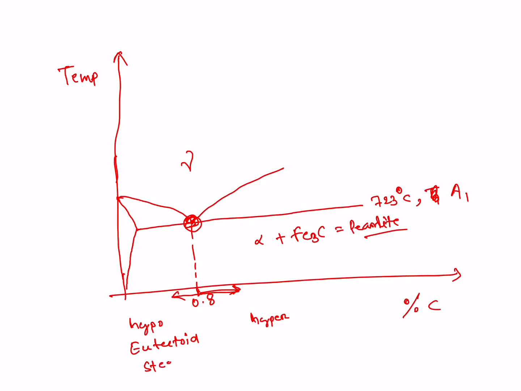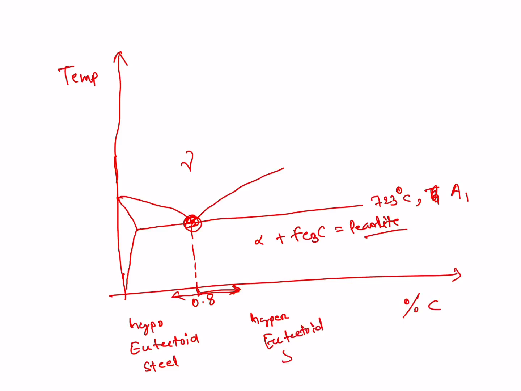Hypoeutectoid steel goes up to 2.1% carbon, you will get steel, and beyond 2.1% you will get cast iron. Hypereutectoid is from 0.8 to 2.1%.